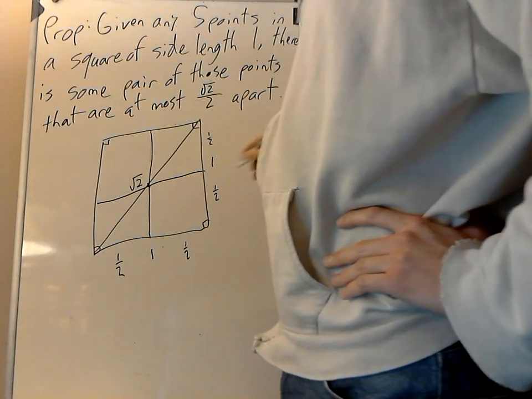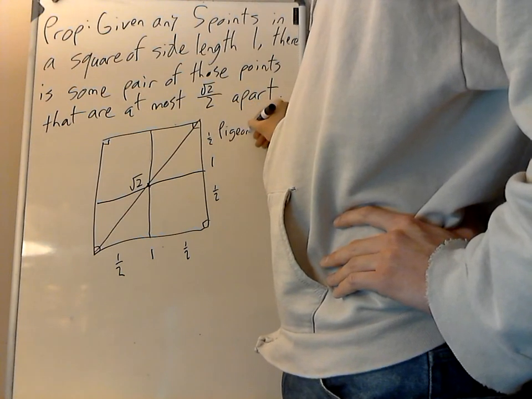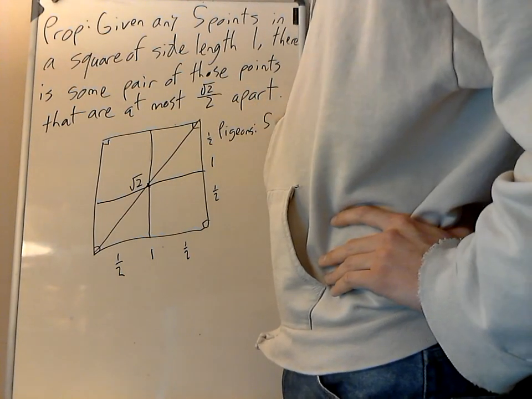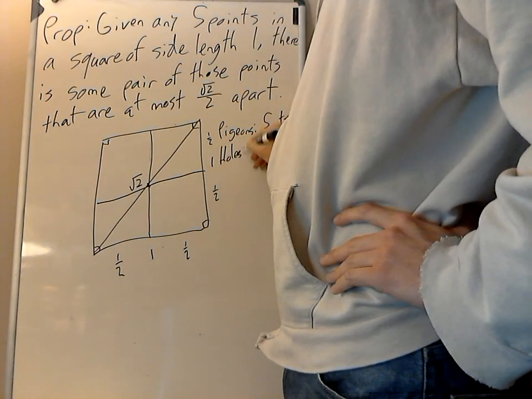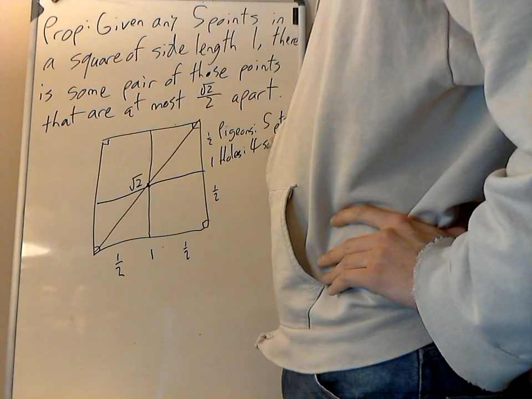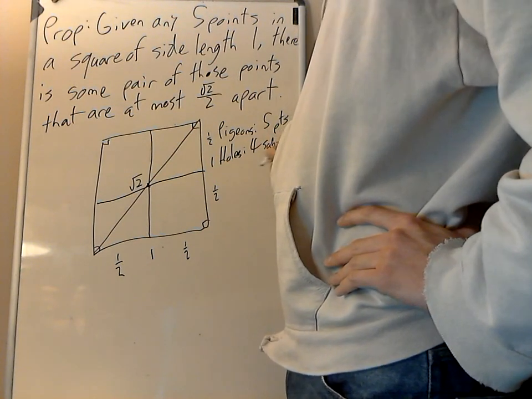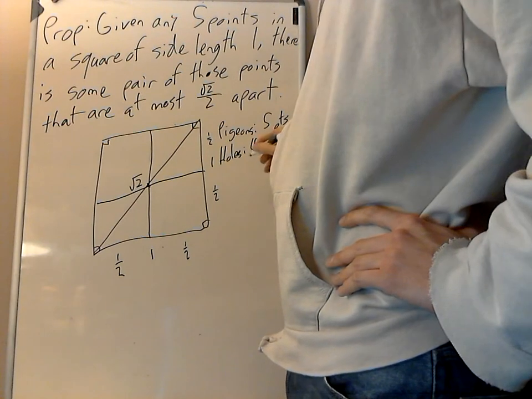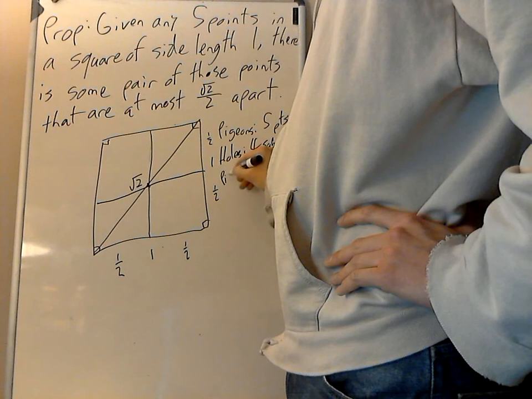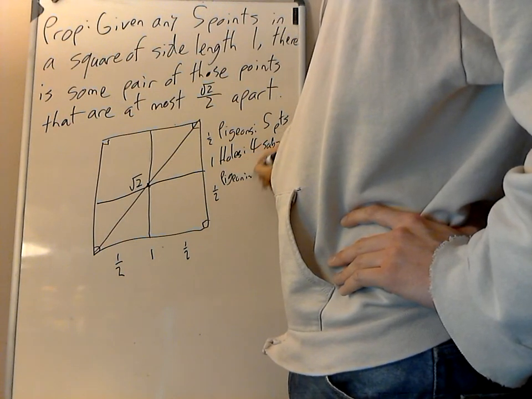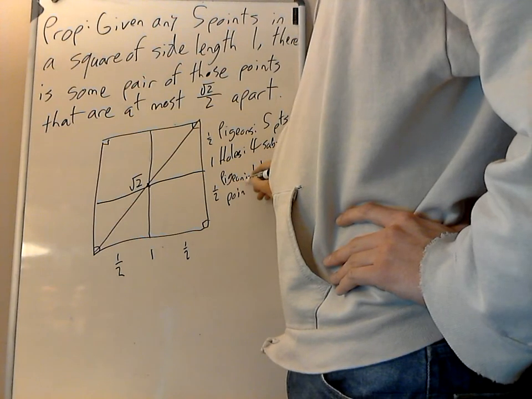So, the conclusion is that our pigeons are the 5 points. Our pigeonholes are the 4 subsquares. And for a pigeon to be in a hole simply means that a point is in a subsquare.